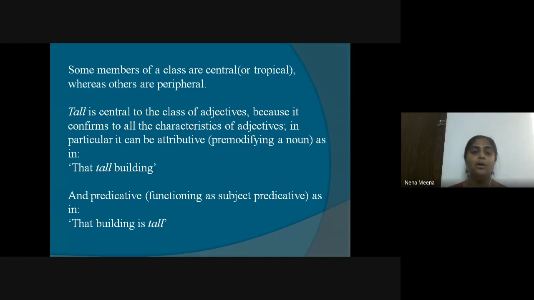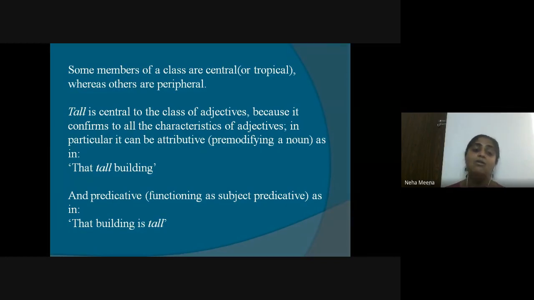Here it is discussed that some members of a class are central or typical, whereas others are peripheral. They are substituents, or they are very minimal in carrying the features of the class. Tall is central to the class of adjectives because it conforms to all the characteristics of adjectives.